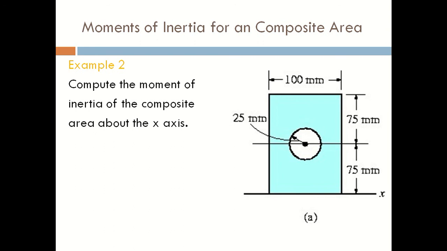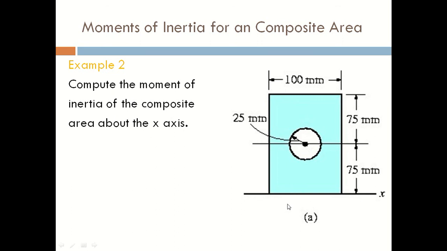For that we have considered here the example of a rectangle with width 100 mm and height 150 mm. At the center there is a hole of radius 25 mm. We will compute the moment of inertia of the composite area about the x-axis.